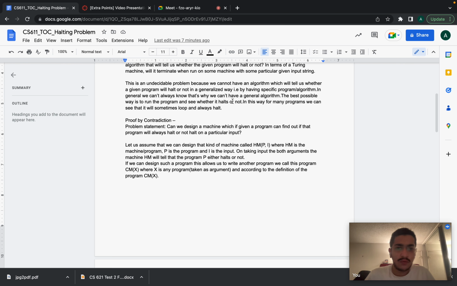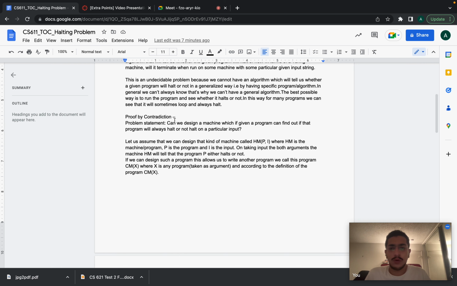So we can prove that the halting problem is unsolvable, that we cannot find a way to decide whether a program will go into an infinite loop, or whether it will halt or not, just before running the machine.